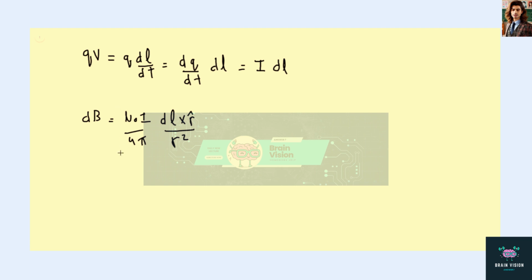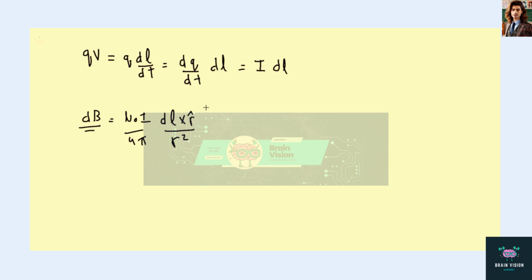Normally we integrate both sides to get the actual B, but because we're dealing with an infinitesimally small current, we don't have a current flowing continuously through a whole line of wire like we normally do. It's just a single point charge in one spot at one time. So we don't actually want to integrate this. Really what we're finding is the dB here, or essentially B, but integrating it over no space. So it's just going to be dB.